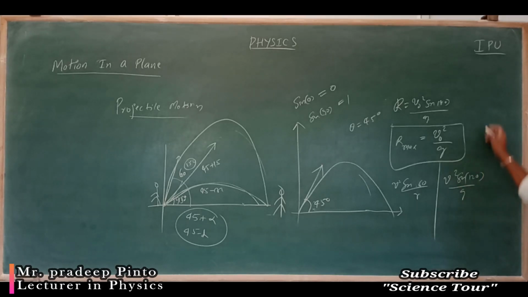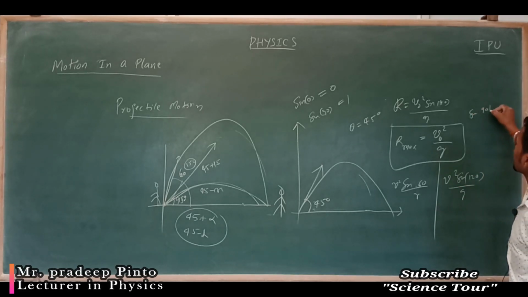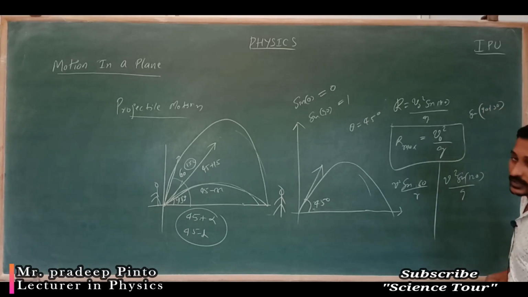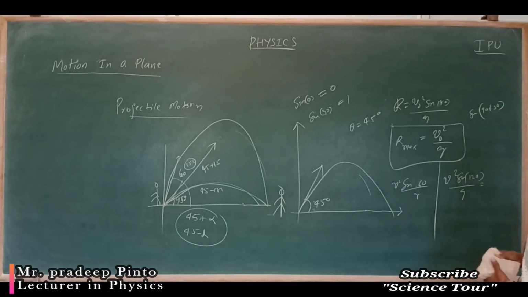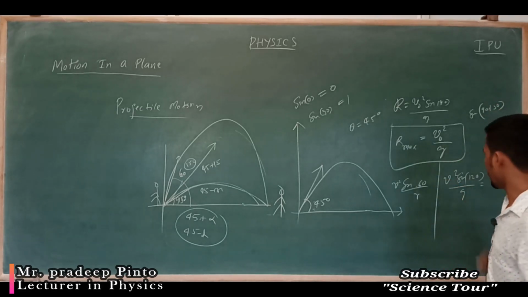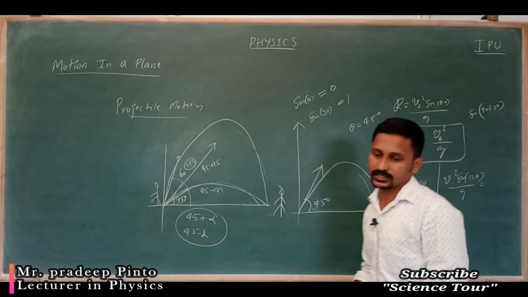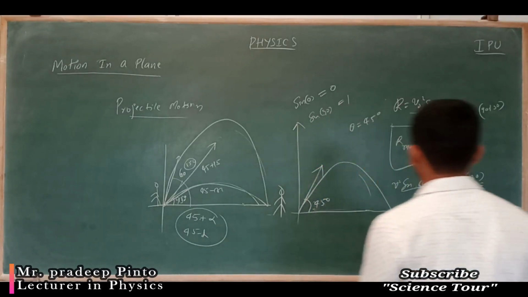Sine 120, how can you write it? You can write 90 plus 30. That is 90 plus 30, which becomes cos 30, and you are going to get the same value in this way. So whatever you do, that is the thing.